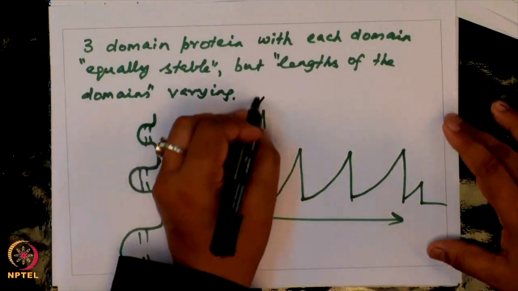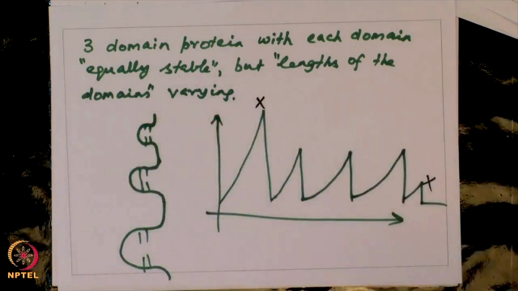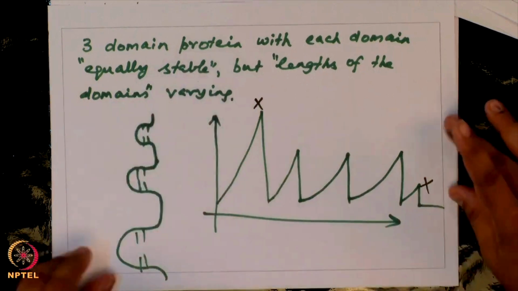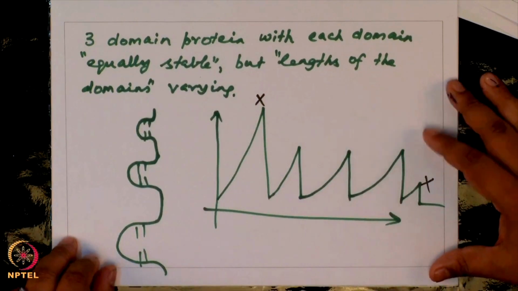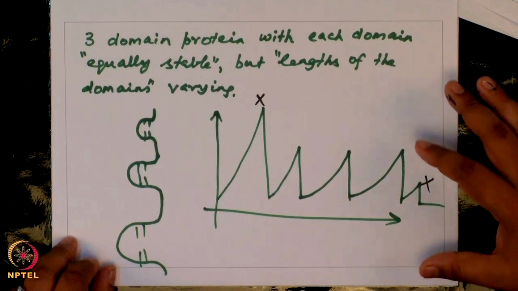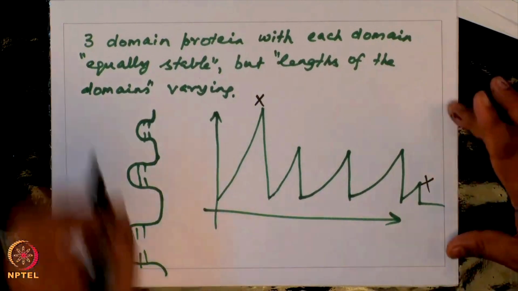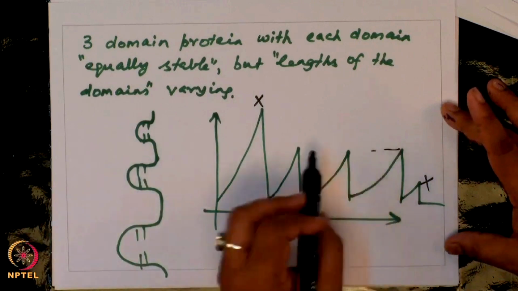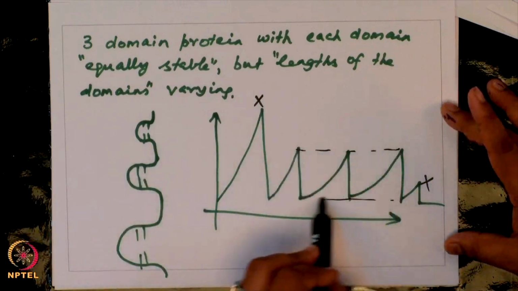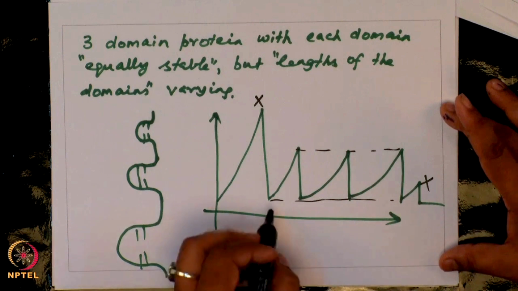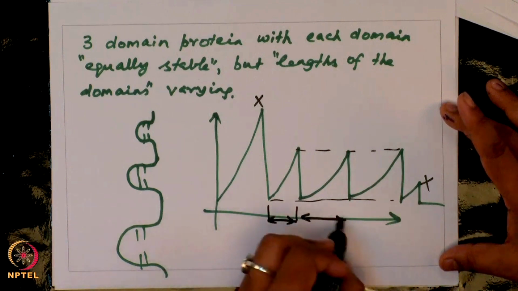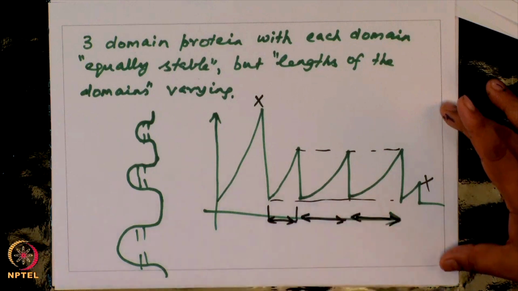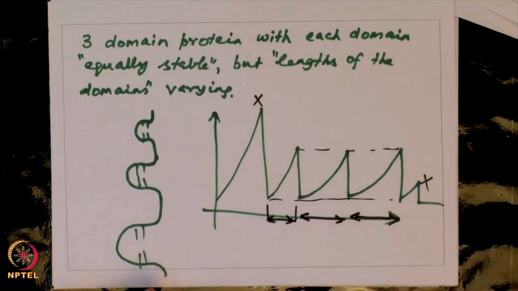Once again I can dismiss the first and the last peak, but I have 3 additional peaks. What you see is that the magnitudes of these forces are the same, but these lengths are different.